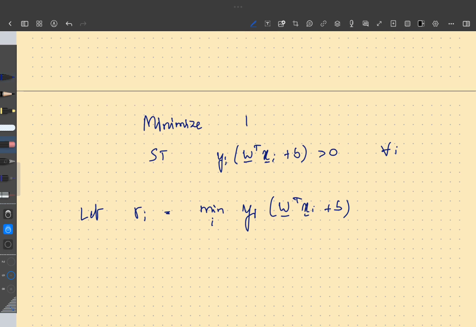Sorry, not just w transpose xi. Where w is one hyperplane that separates the two. We know that there exists at least one hyperplane that separates the two.